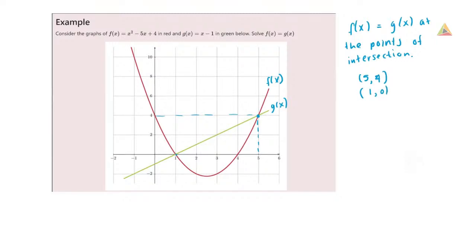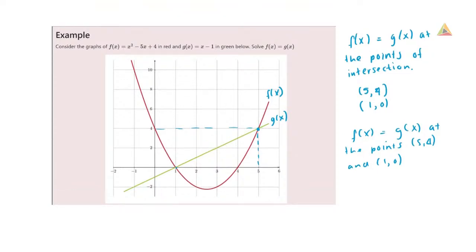So we can write that out in this sentence. So f of x equals g of x at the points 5, 4 and 1, 0. So that's a pretty straightforward question. It's kind of a standard question you get if quadratic functions is the type of function that you get.